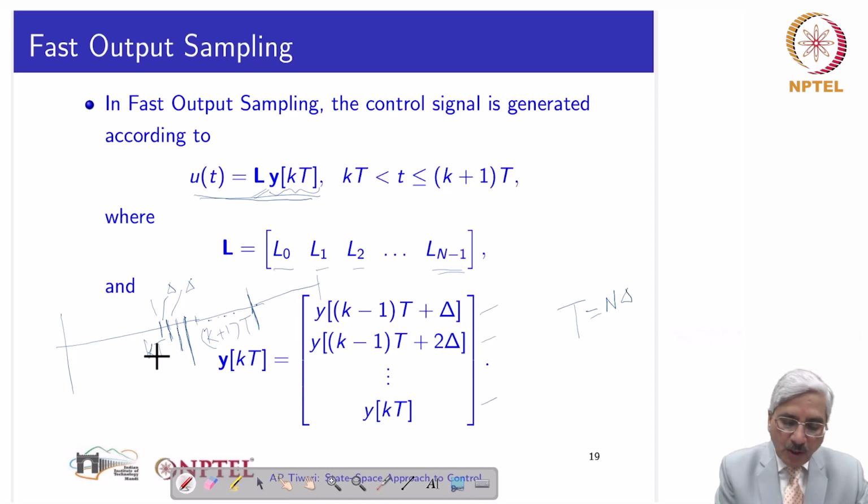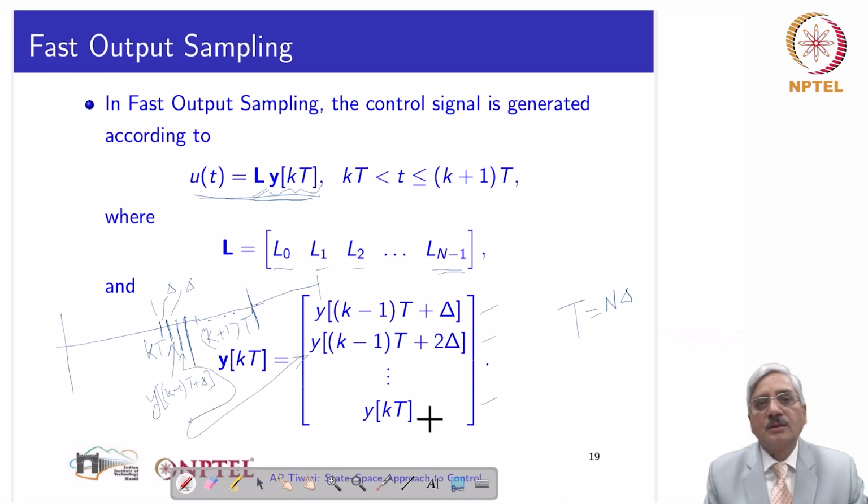So the samples of output collected here, this is y(kT minus T plus delta). And similarly, the samples of output collected in the next time interval is this one, and so on. So these samples are collected.